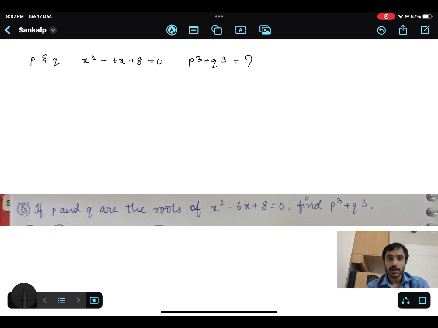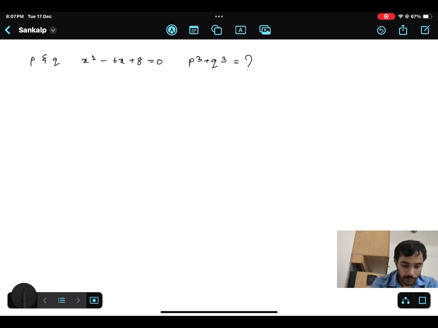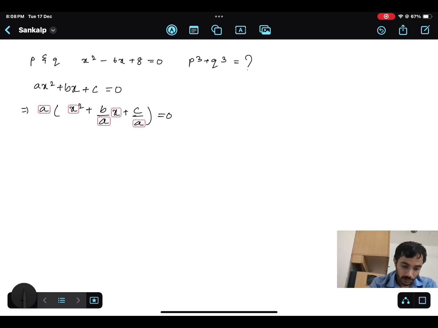So consider any quadratic equation of the form ax square plus bx plus c equal to 0. Now if we take a as common, we'll get x square plus b by a into x plus c by a equal to 0.